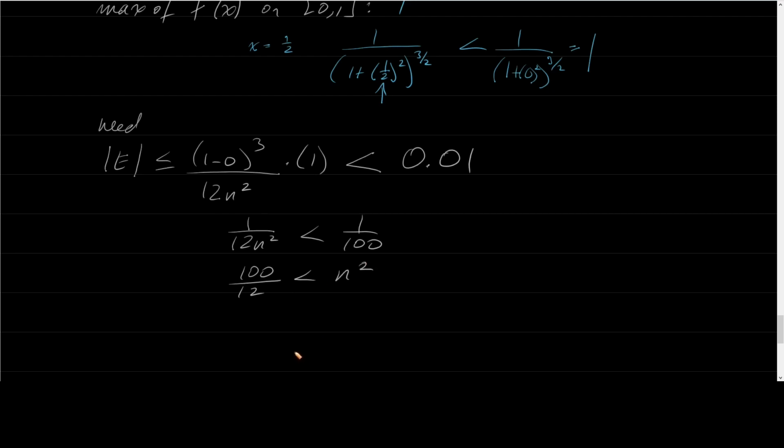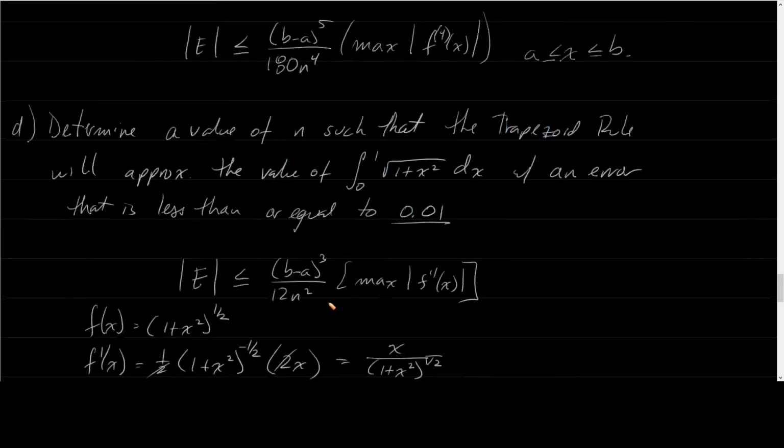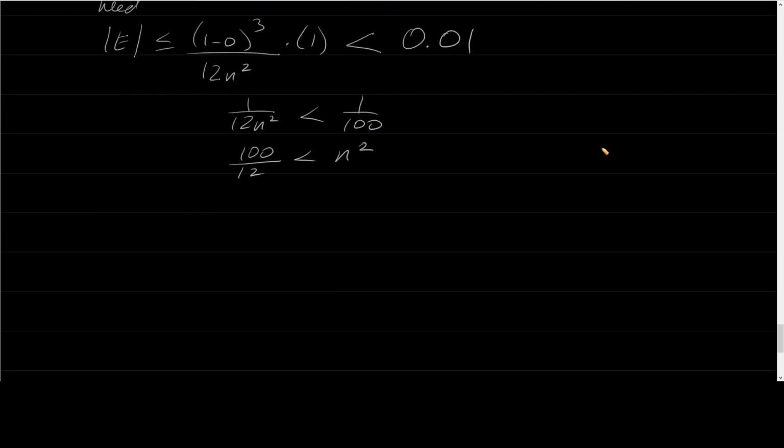So at that point, what are we going to say? Recall here what n is: n is the number of trapezoids. So because n is the number of trapezoids, n has to be positive.